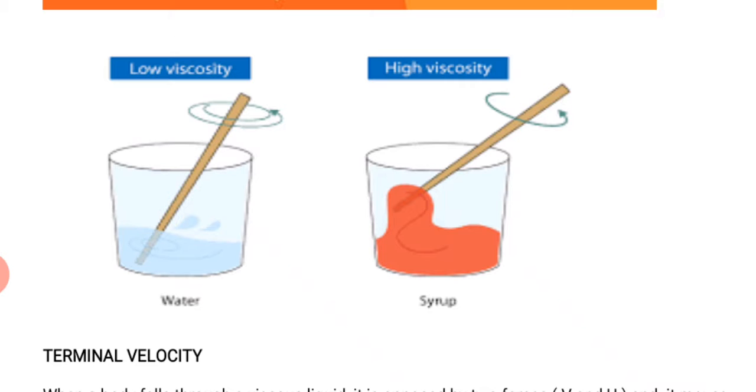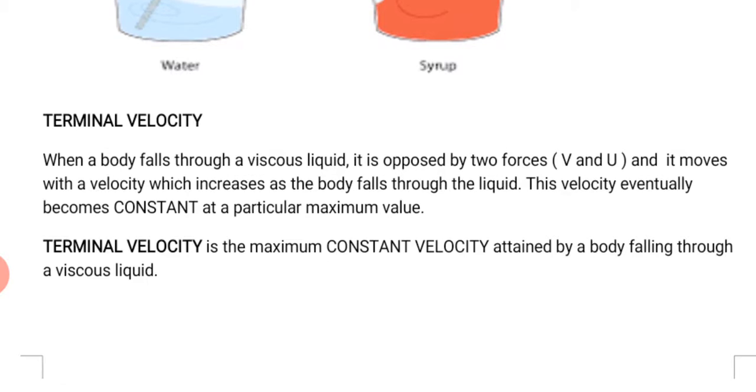So the syrup shows that syrup is more viscous, that is, it has a higher viscosity than water. So when it is being stirred, it's not moving easily as it occurs in water. Terminal velocity.